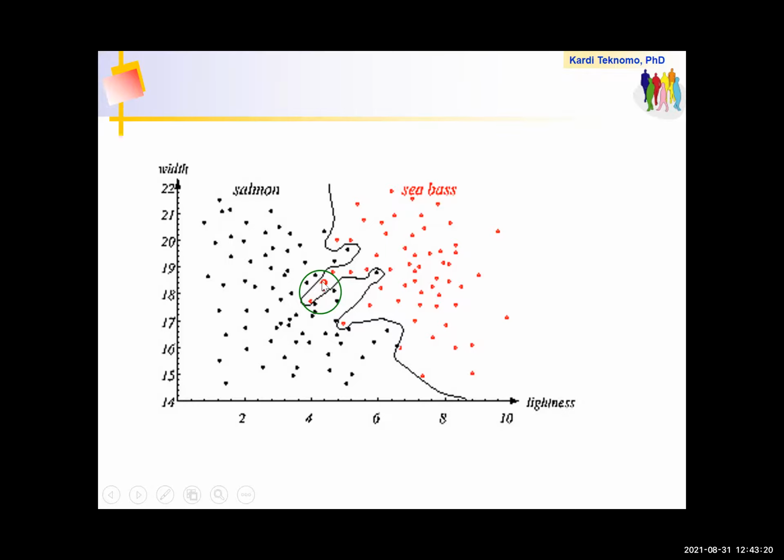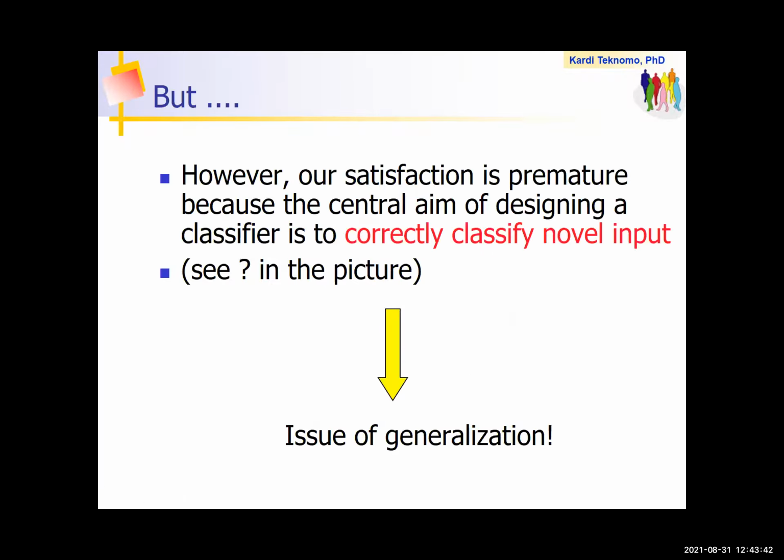Now look at the arrow, the question mark part there. Is that actually sea bass or salmon? We don't know. Within the region of this boundary, you will say this is a sea bass, but we don't know whether this is actually sea bass or salmon.